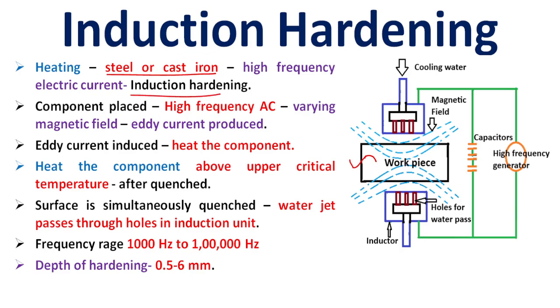In this induction hardening process, high frequency AC (alternating current) is supplied from a high frequency generator. This high frequency AC generates a varying magnetic field.